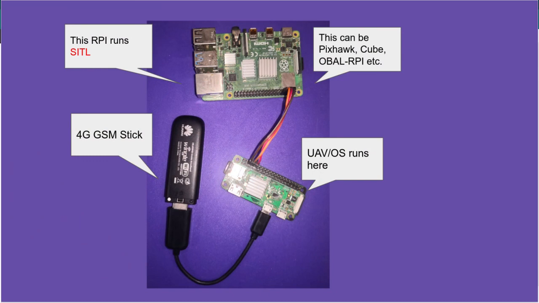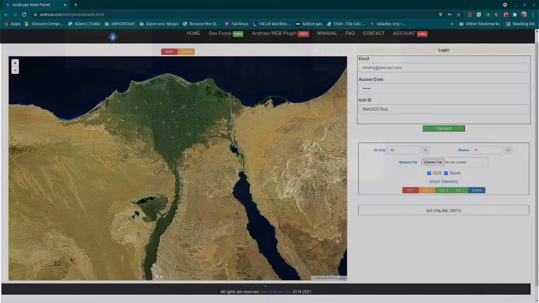SITL is a software simulation of Autopilot, so it behaves exactly the same as if there were a drone. And the Raspberry Pi Zero that runs Yavos is connected to it via a serial port.